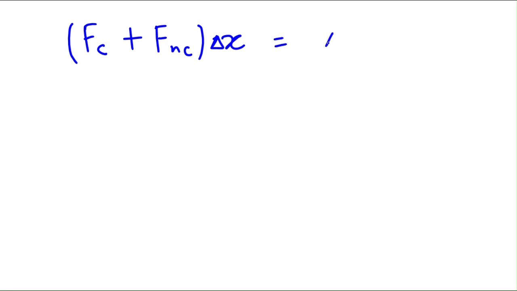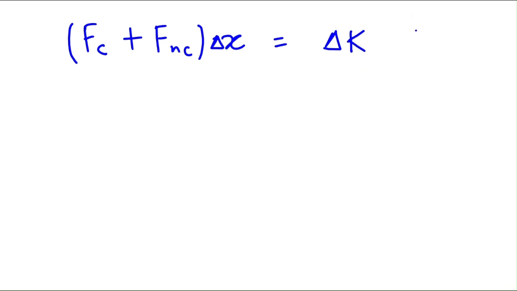Okay. Before moving to the next point, let me deduce a very useful relation here. So if there are two types of forces here, one is conservative force and another is non-conservative force, we can write the work energy theorem as the total force times the displacement, let's say delta x, the change in position, should be equal to the change in kinetic energy.